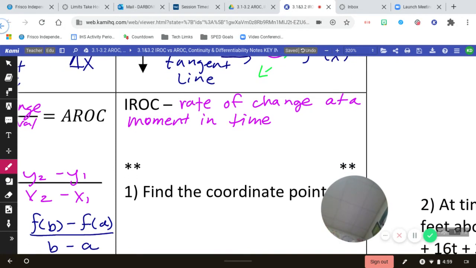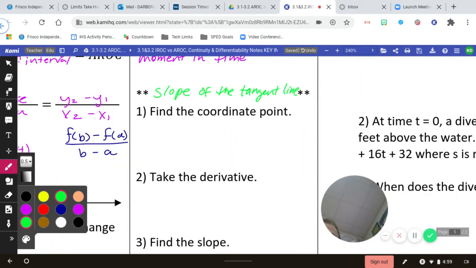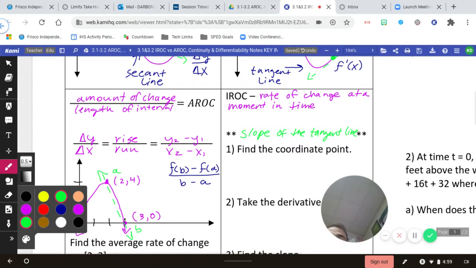And we also refer to it as the slope of the tangent line. So big difference already between AROC and IROC. AROC is over an interval. IROC is at a specific point in time.